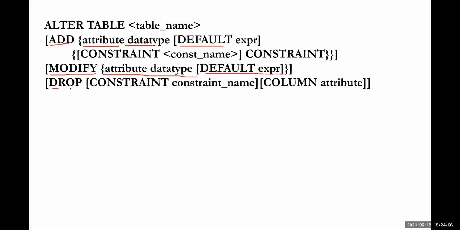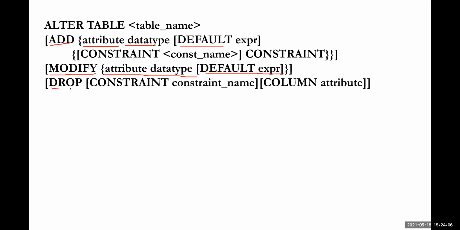Then followed by enable or disable, where the constraint clause takes the constraint name. In this way you can perform it. Drop can operate on constraints, and drop can operate on columns also: drop column name is possible, and drop constraint name is possible.